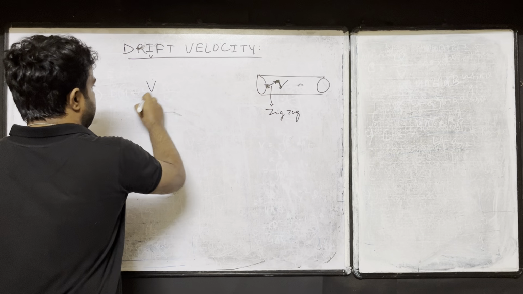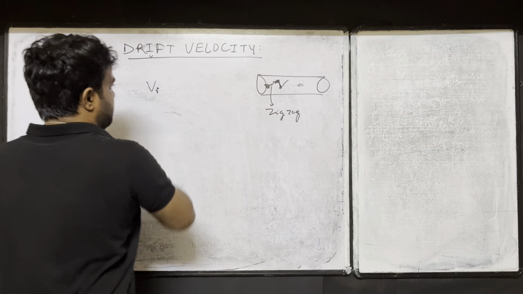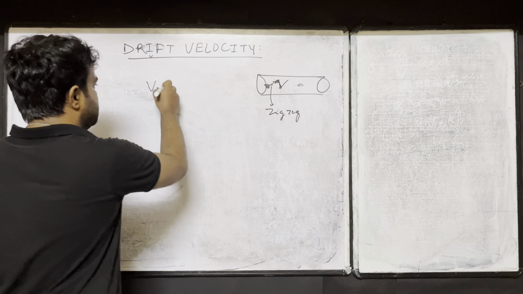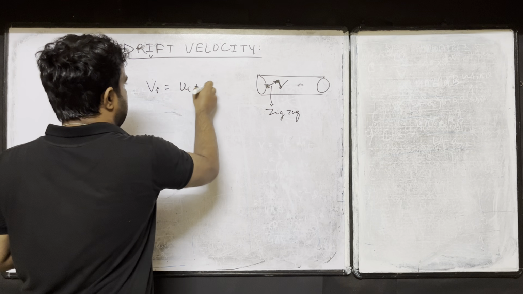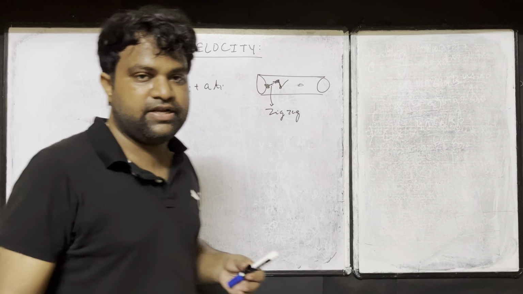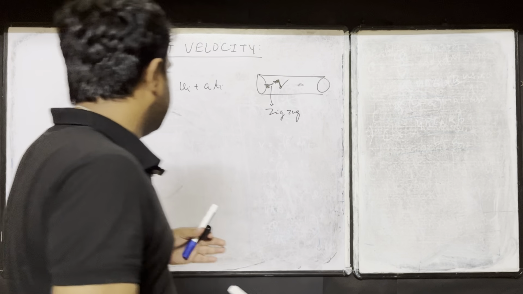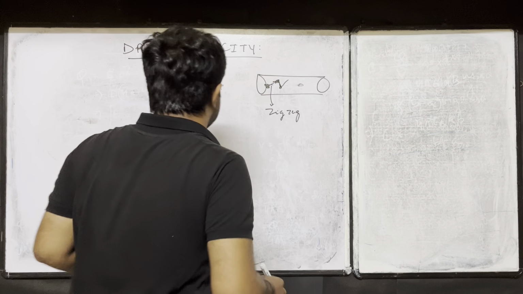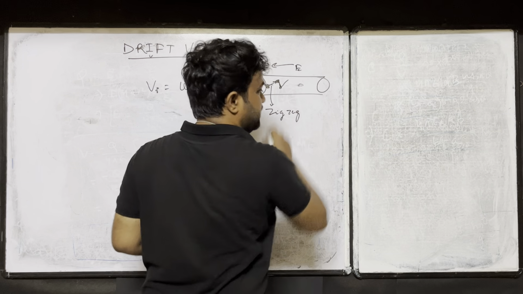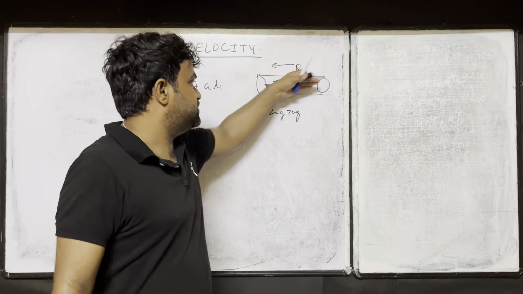So let's say Vi, the ith particle's velocity after the collision, is ui plus a ti, where a is the acceleration. Because an electric field is provided, electrons are drifting in this direction.